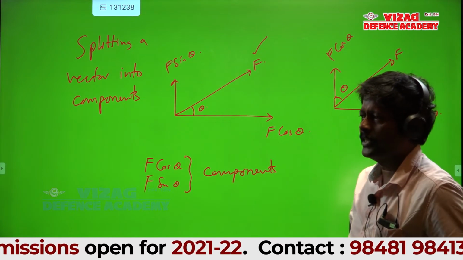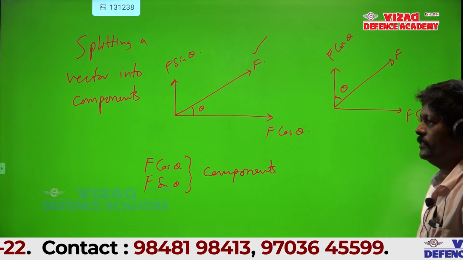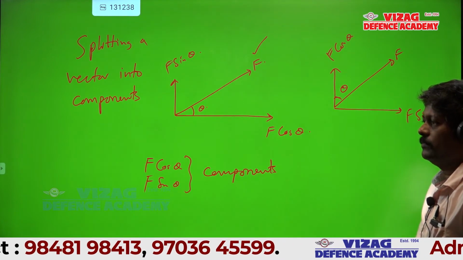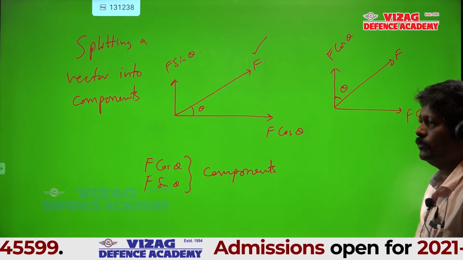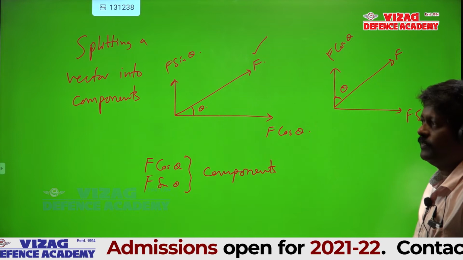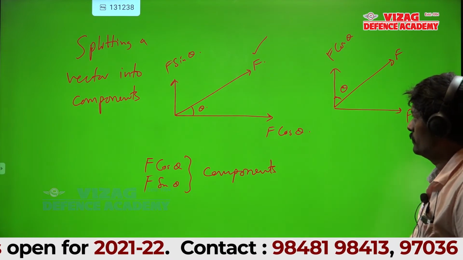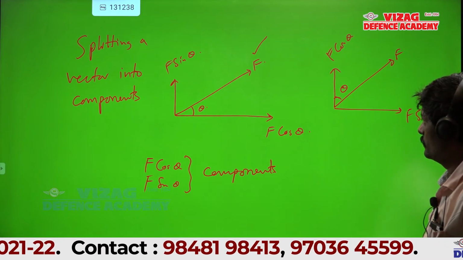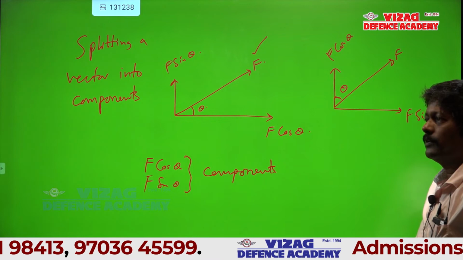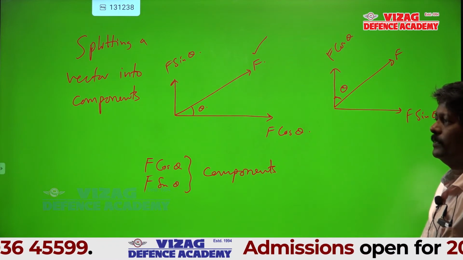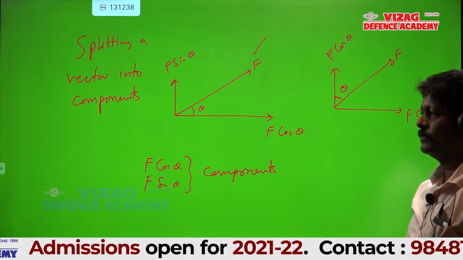Can I split a scalar? No, a scalar you cannot split. It's like time, speed, these you cannot split into components. Only a vector can be split into components. For example, time. Now time is suppose 10:15.